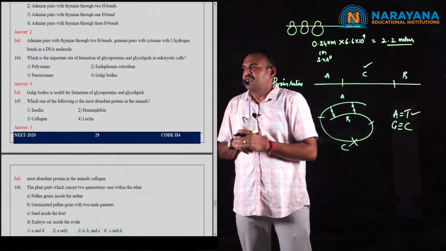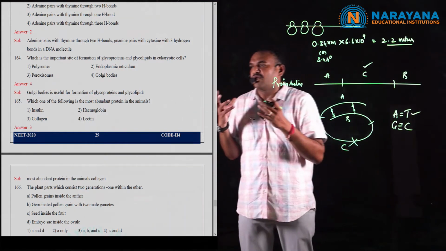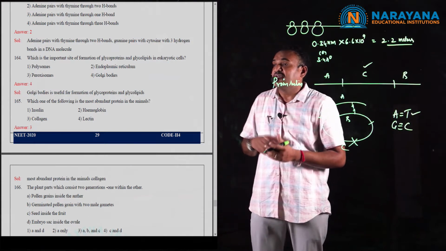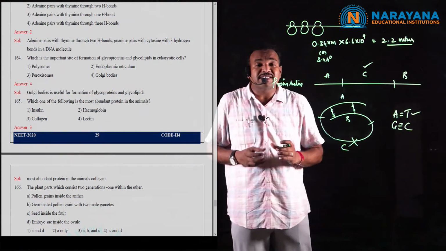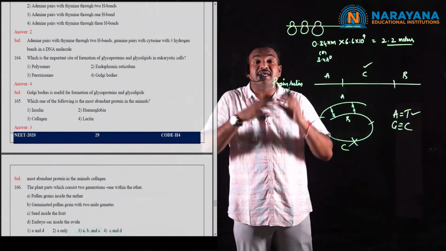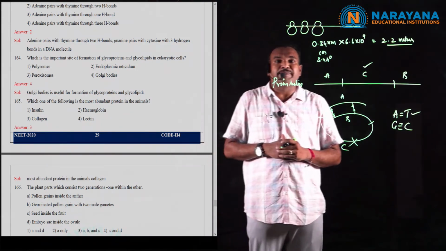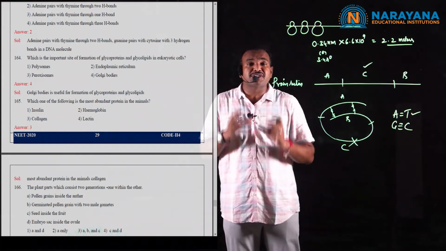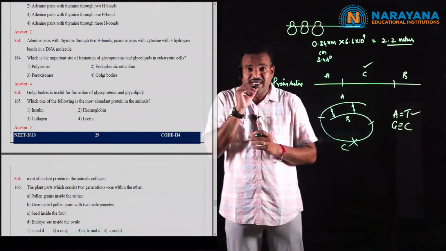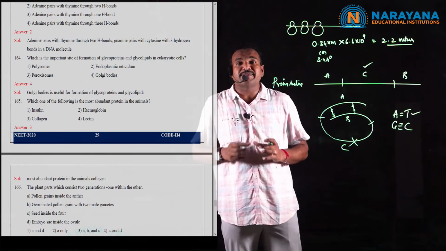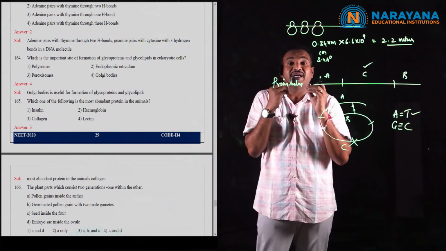So that is not responsible for glycoprotein and glycolipid synthesis. Endoplasmic reticulum is the site of synthesis of proteins and lipids, not glycoproteins and glycolipids. Rough endoplasmic reticulum is useful for synthesis of proteins because it is studded with ribosomes. Smooth endoplasmic reticulum is useful for synthesis of lipids.